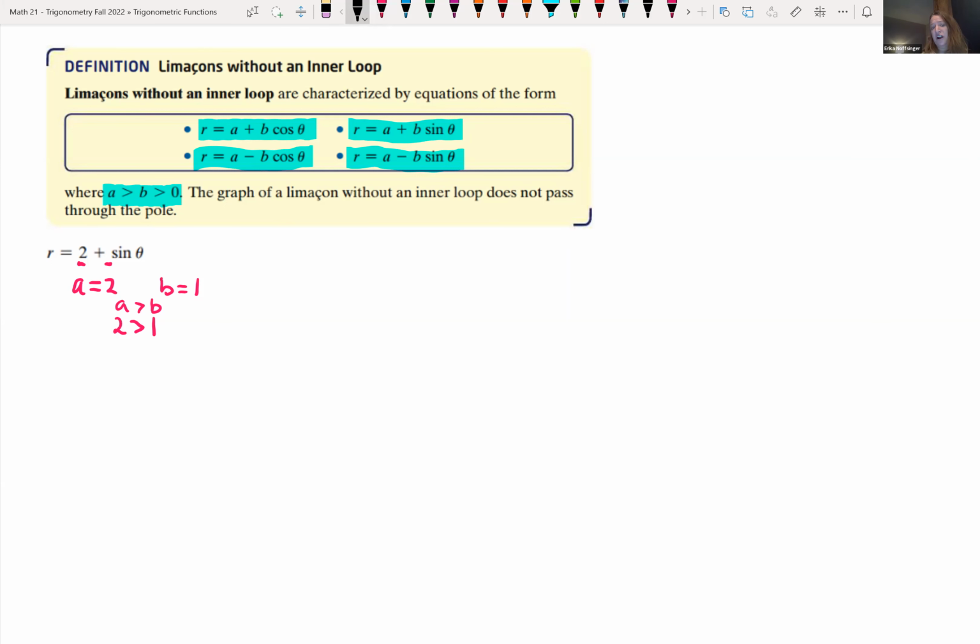These tests that we're going to try, if it doesn't hold true, the test doesn't necessarily mean that it's not symmetrical. And so we talked about looking at if it's symmetrical across the polar axis. So the polar axis, what we would do is we would plug in negative theta in for theta. So if we do that, we get r is equal to 2 plus sine of negative theta.